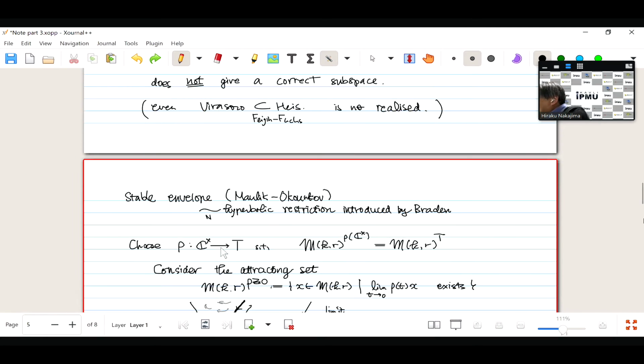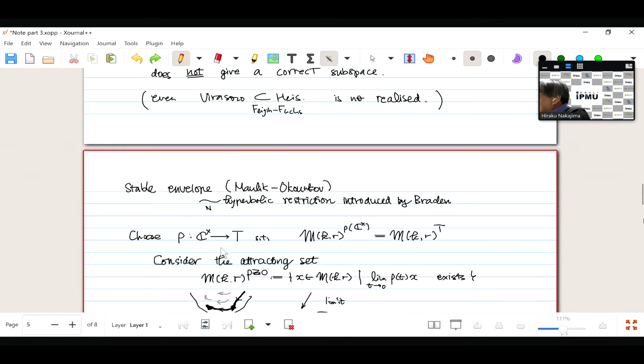So one point is that not only do I consider the torus action, I need to choose a coweight in the torus, or a one parameter subgroup in the torus, which is generic in the sense that the fixed point set remains the same.